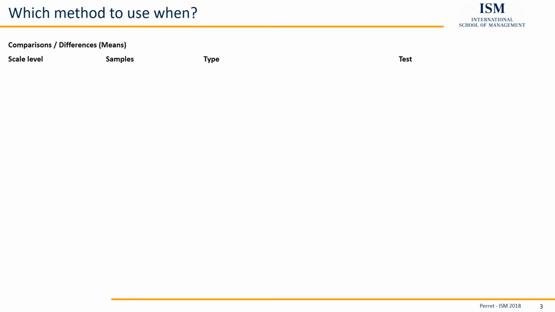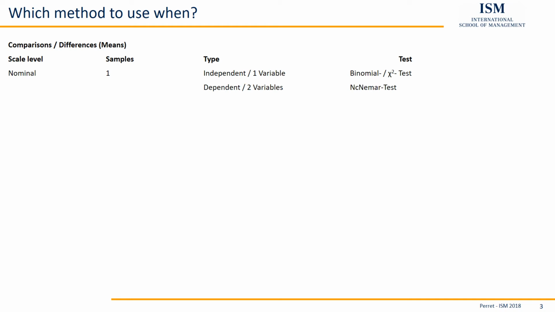So with this in mind, we can start with a nominal scale level, one sample, one independent variable. So we have the variable and we have some given frequencies. Then we can use a binomial or a chi-square test, depending on whether we only have two possibilities or more than two. So that's the easy version.